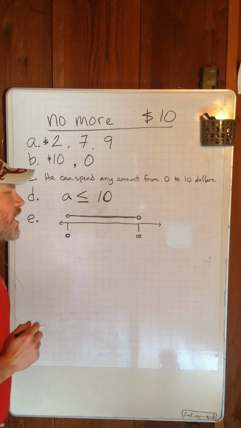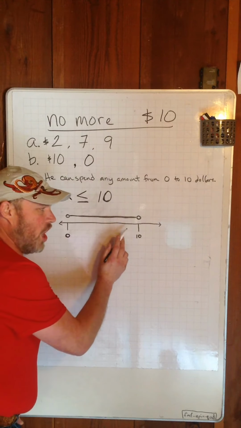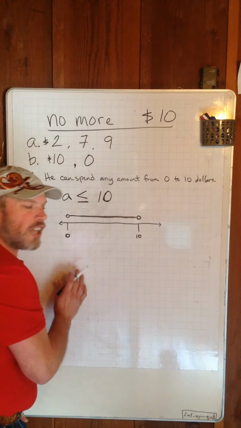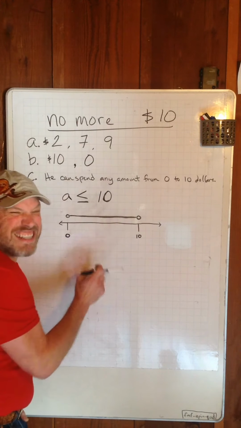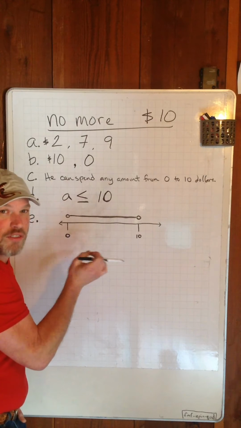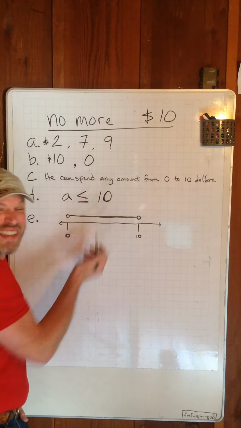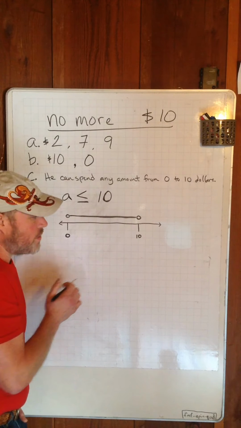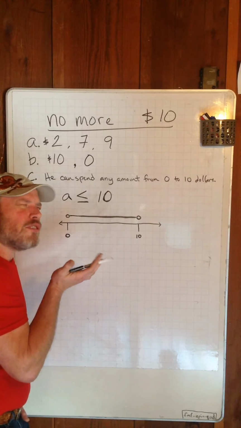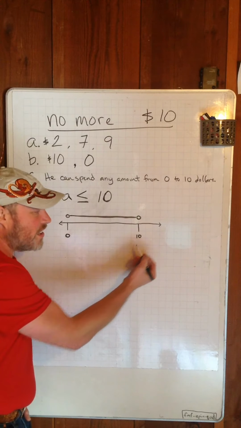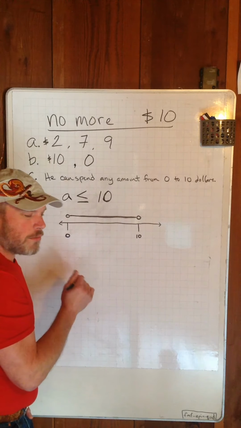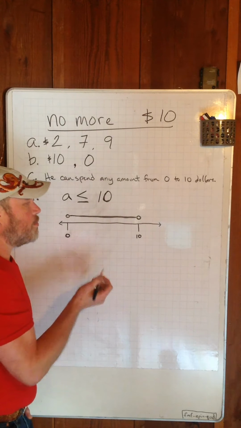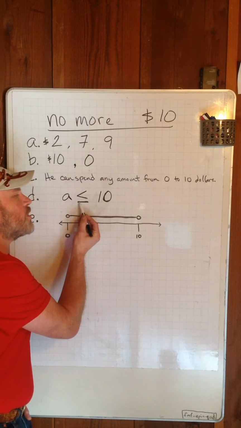Now, if my dot is just a circle like this, that means that this number is not included in the set of numbers that could satisfy this inequality. And so, my question to myself, does 10 satisfy this inequality? Well, yes, I know it does because of this little half equal sign here.